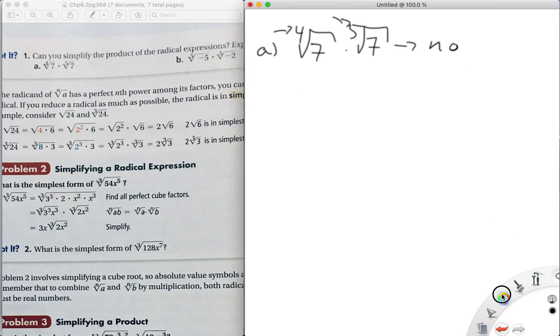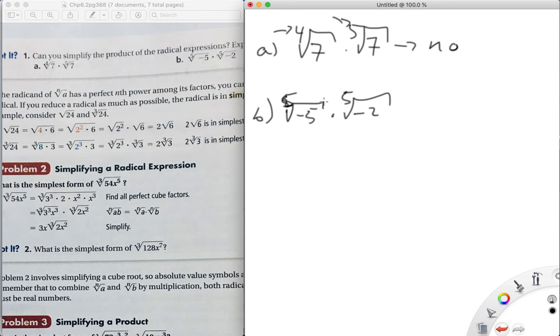Now for B, that's a little different. They both have an index of 5, so this is negative 5 fifth root, and this is negative 2 fifth root.